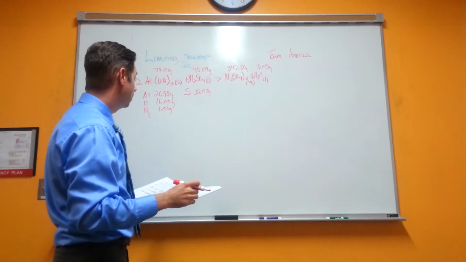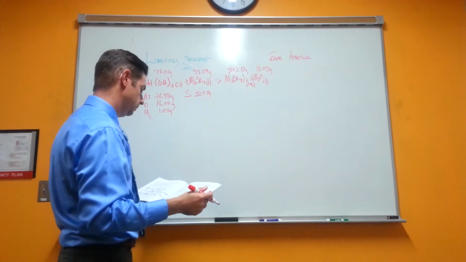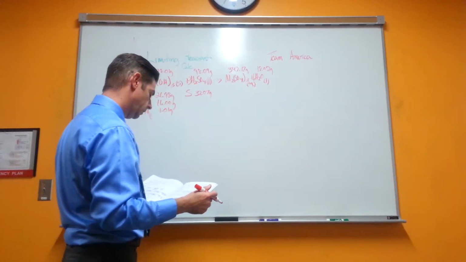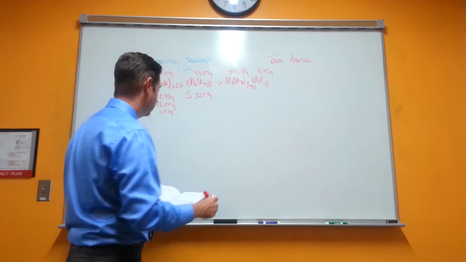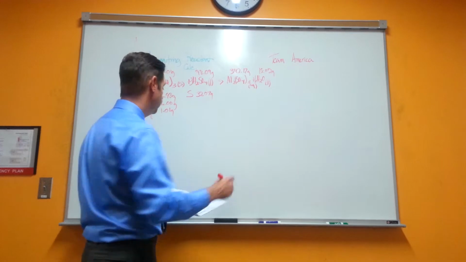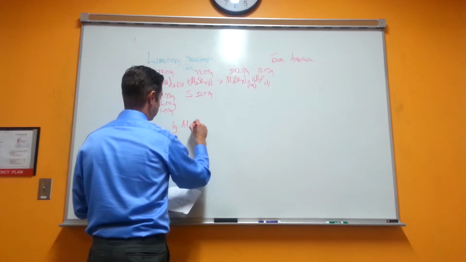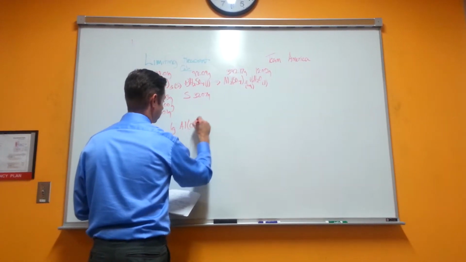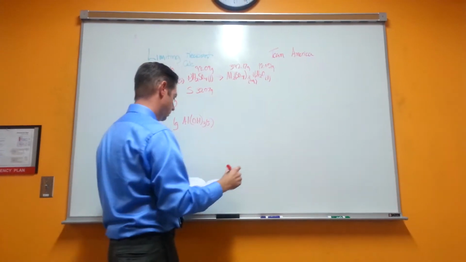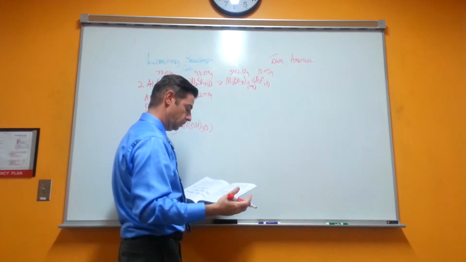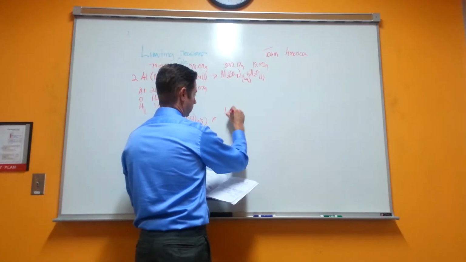convert the equation into moles and figure out what our limiting reactant is. Alright, so we're going to start with the aluminum hydroxide, right? In our equation, we know we have 1 gram of AlOH3 solid. So in order to convert it to moles, we've got to use our bridge.